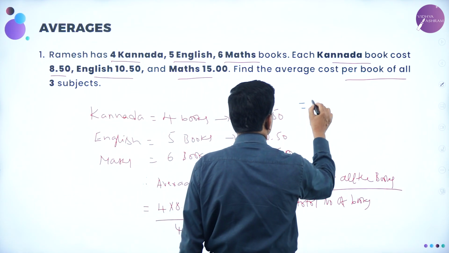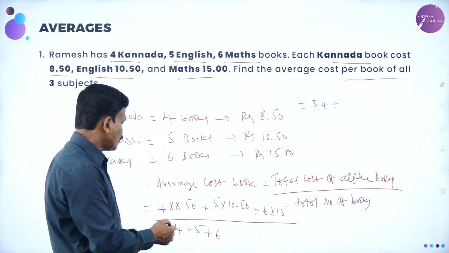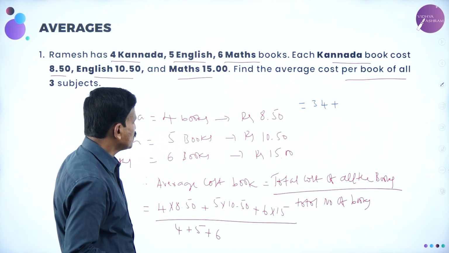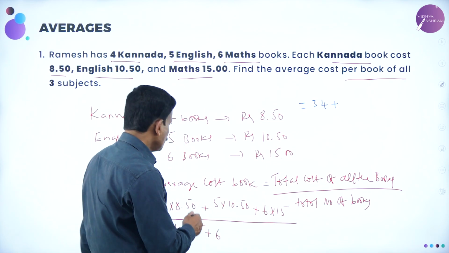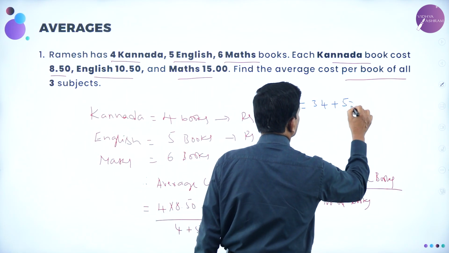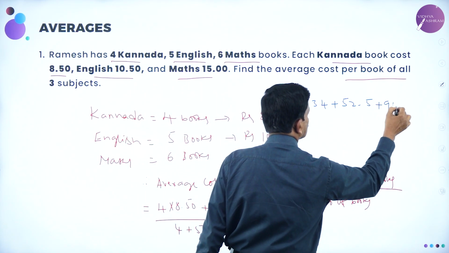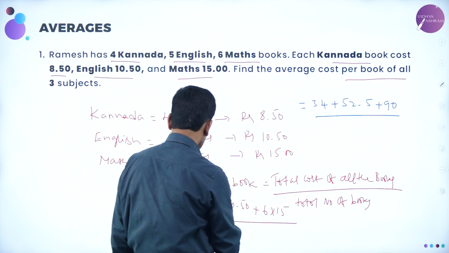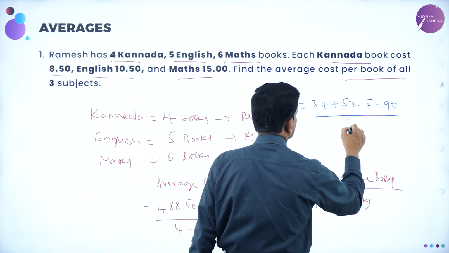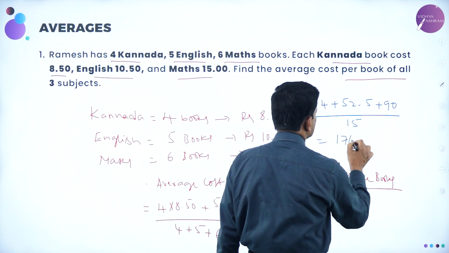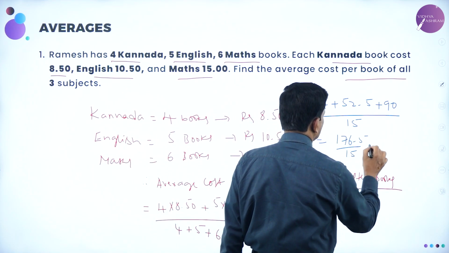So, 4 into 8.50 is equal to 34. Again, 5 into 10.50 is 52.5, plus 15 into 6 is 90, divided by 6 plus 4 plus 5, that's equal to 15. Simplify this, 176.5 divided by 15.